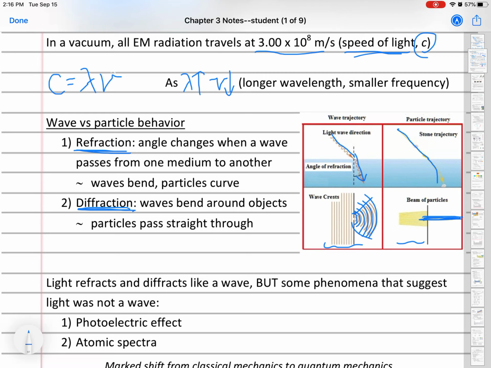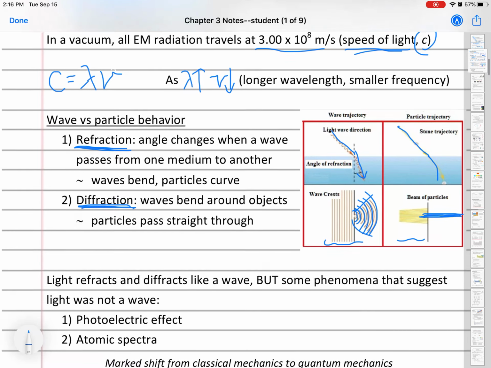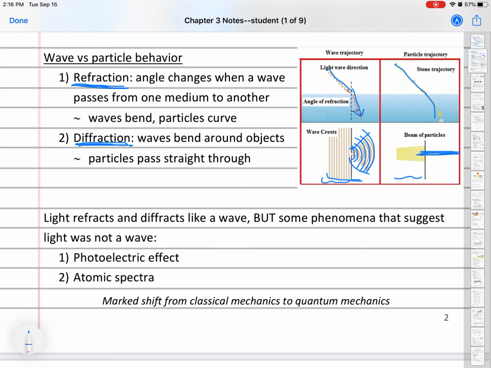So refraction and diffraction are characteristics of waves. And we just said light does this. So light does refract and light does diffract like a wave. That's why classical physicists thought light is a wave.